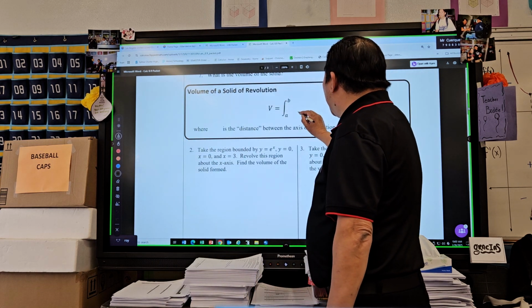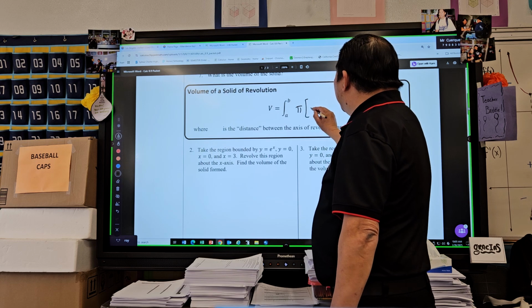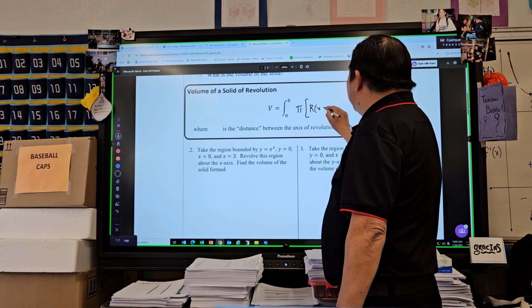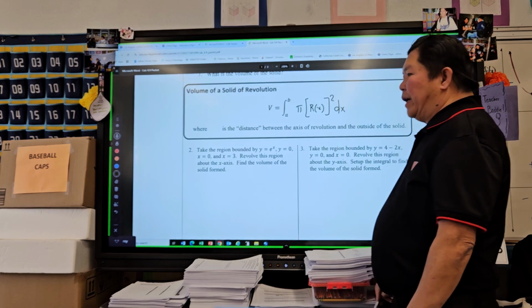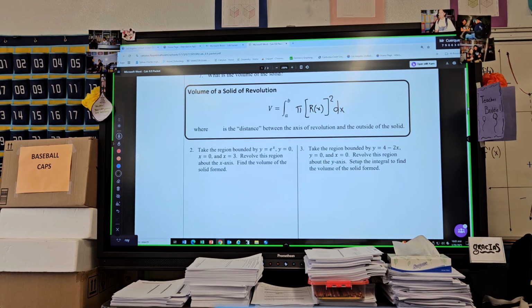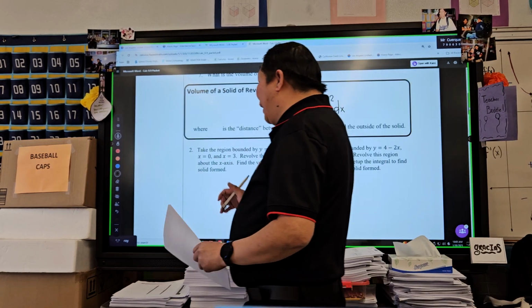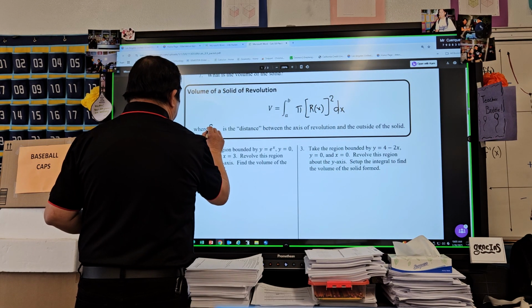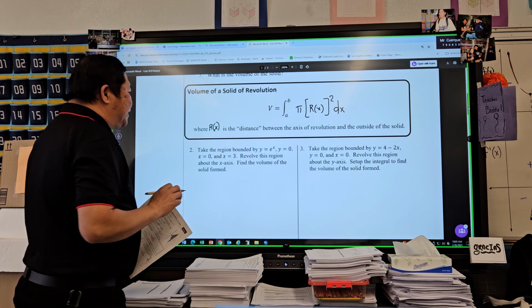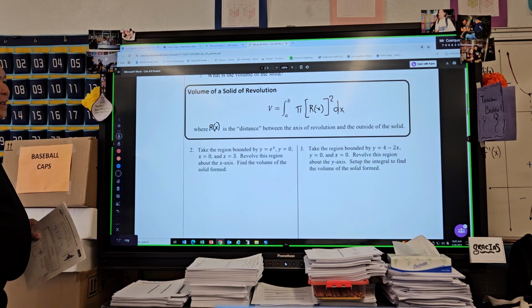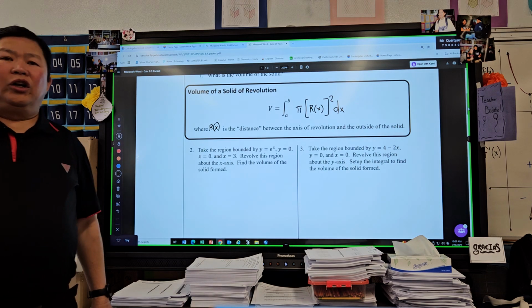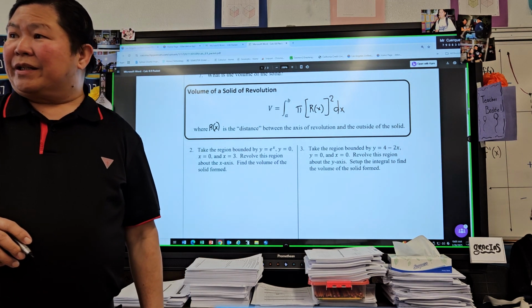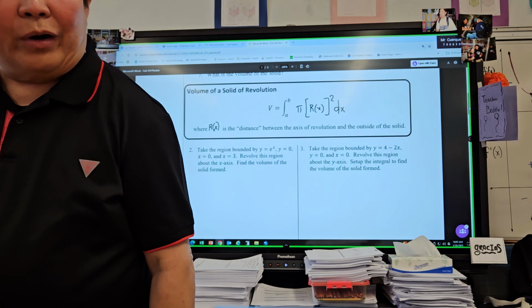We have pi, and then R of x squared dx. Okay? So, where R of x is the distance between the axis of revolution. Remember, normally the R is small letter r, right?